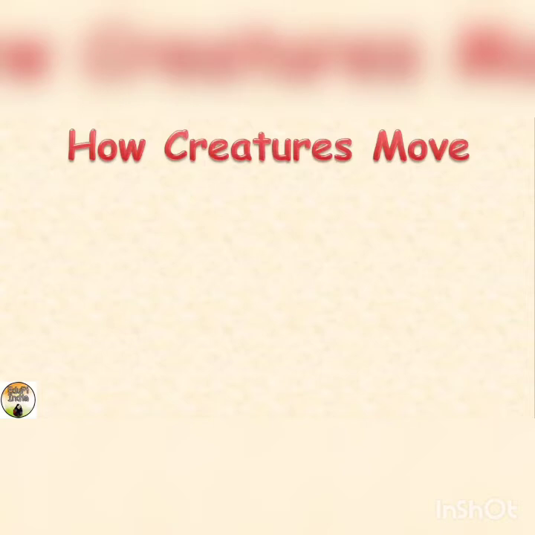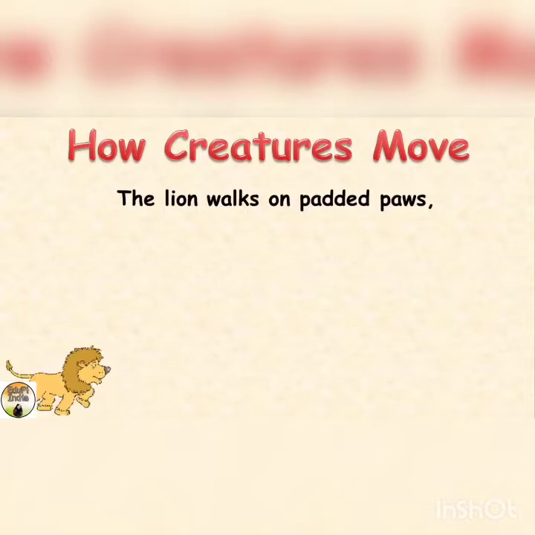So how creatures move: all living organisms, whether it is birds, flies, worms, insects, or animals like cat, dog, etc., they all move from one place to another, and their movement is very typical. Like they have different ways of moving.